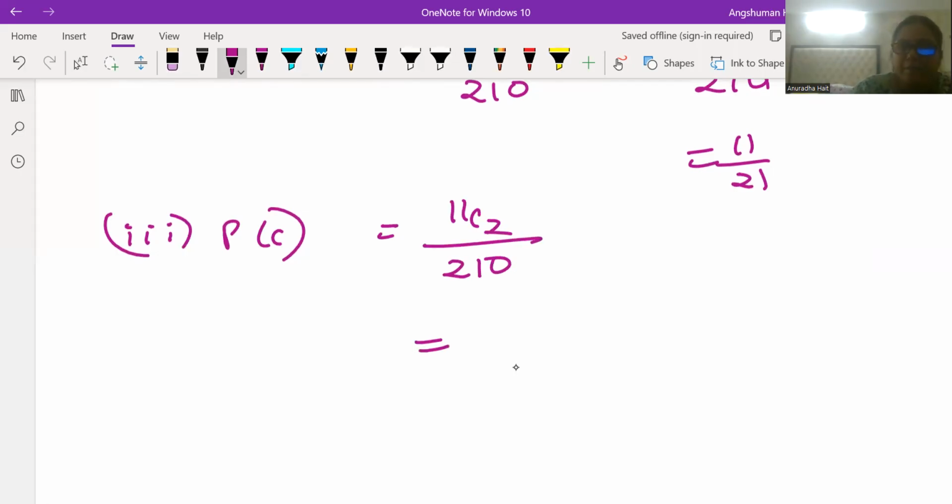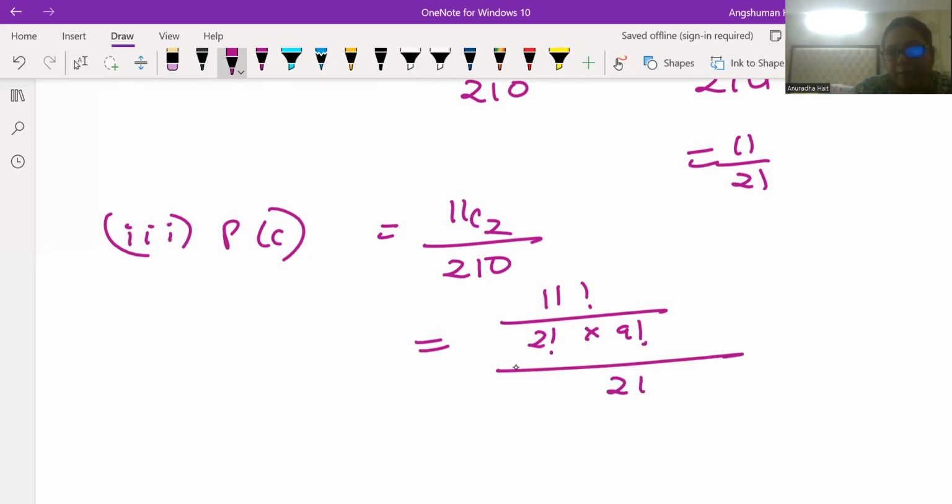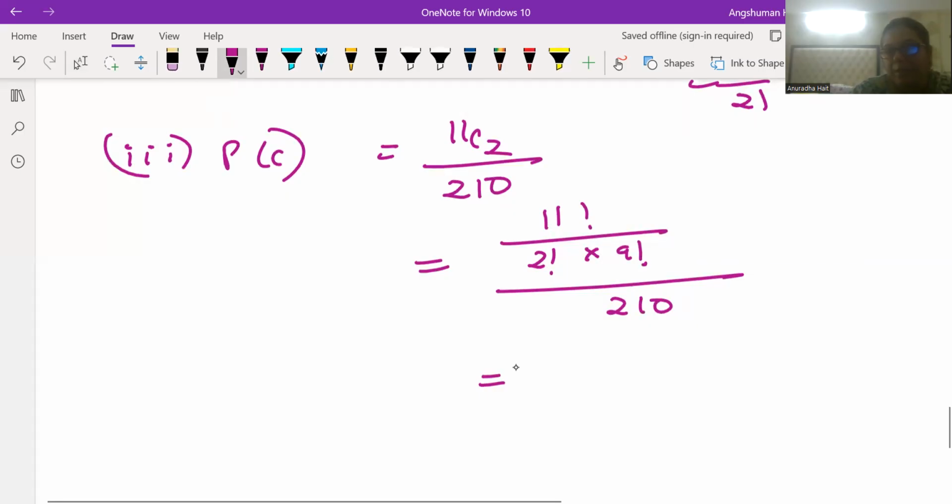So if you simplify 11 C2, what will you get? 11 factorial over 2 factorial times 11 minus 2, which is 9 factorial, divided by 210. So what do I get here? 11 factorial, you will write here 11 into 10 into 9 factorial, and 9 factorial gets cancelled. 11 into 10 by 2. 10 and 2 cancel, so you get 5.